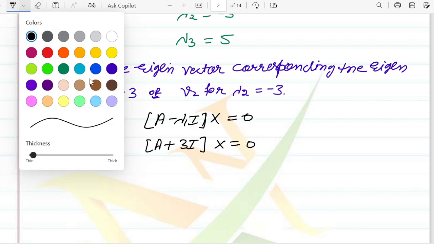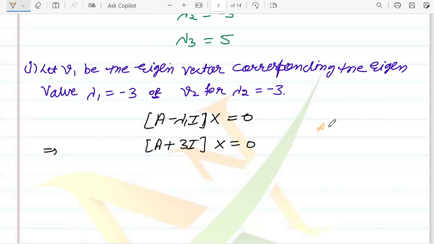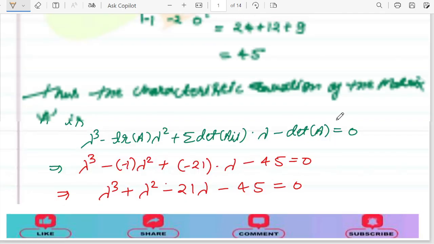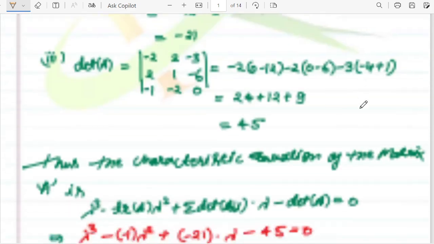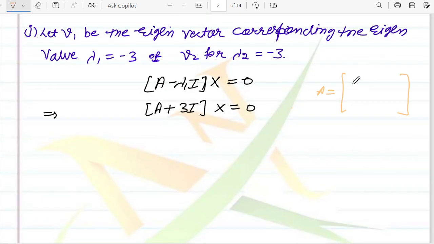Now what is A? A is minus 2, 2 and minus 3, 2, 1, minus 6, minus 1, minus 2, 0.